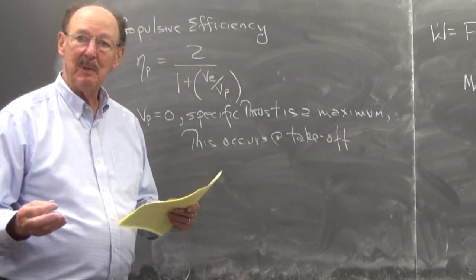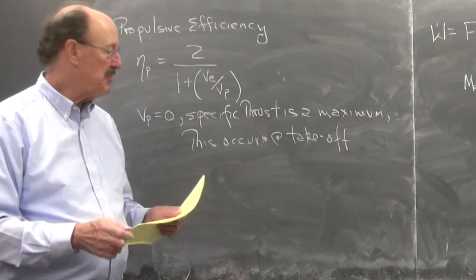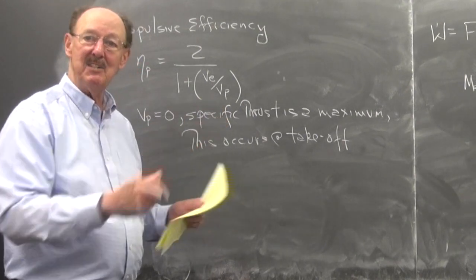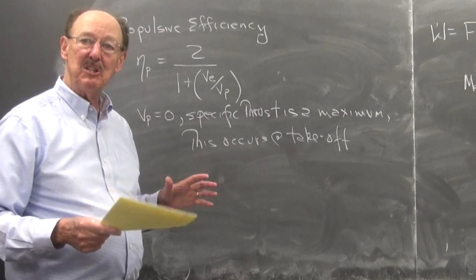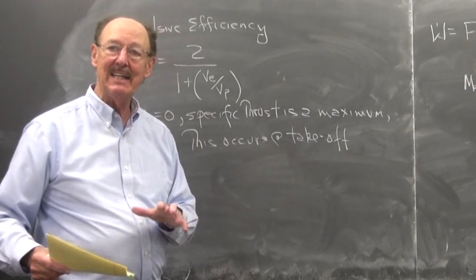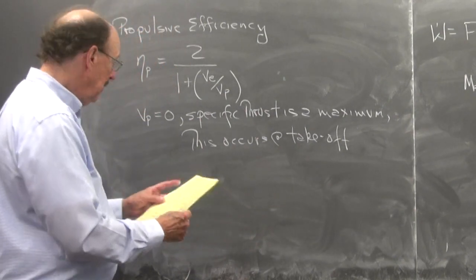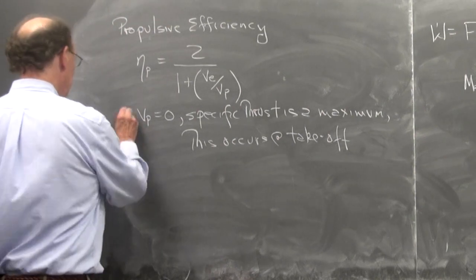That's where you need the thrust. The velocity is 0, and then the engine goes, and that gives us the maximum thrust because they need to get going. So this is one thing.